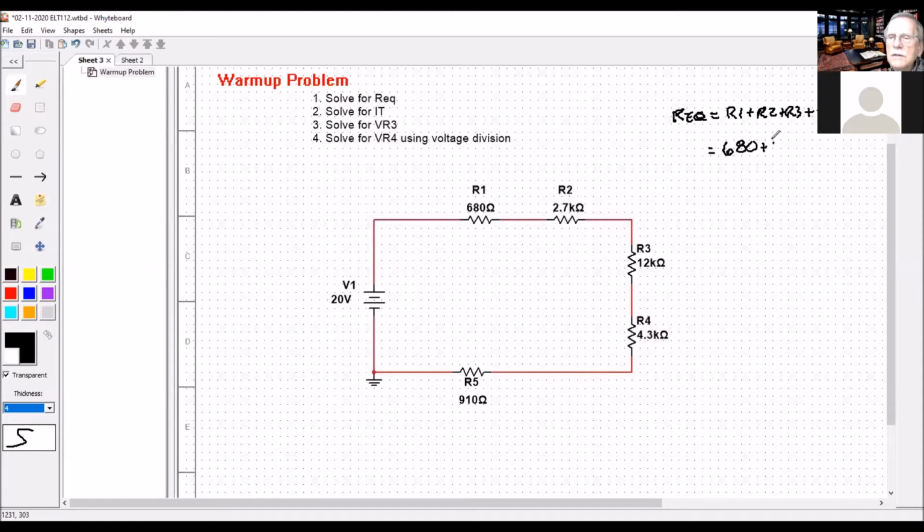680 plus 2.7K plus 12K plus 4.3K plus 910. That makes the REQ.